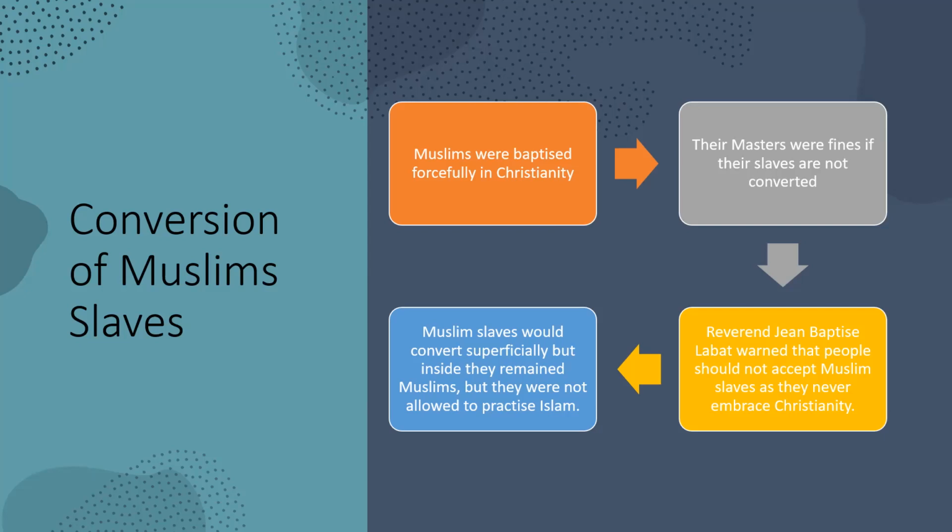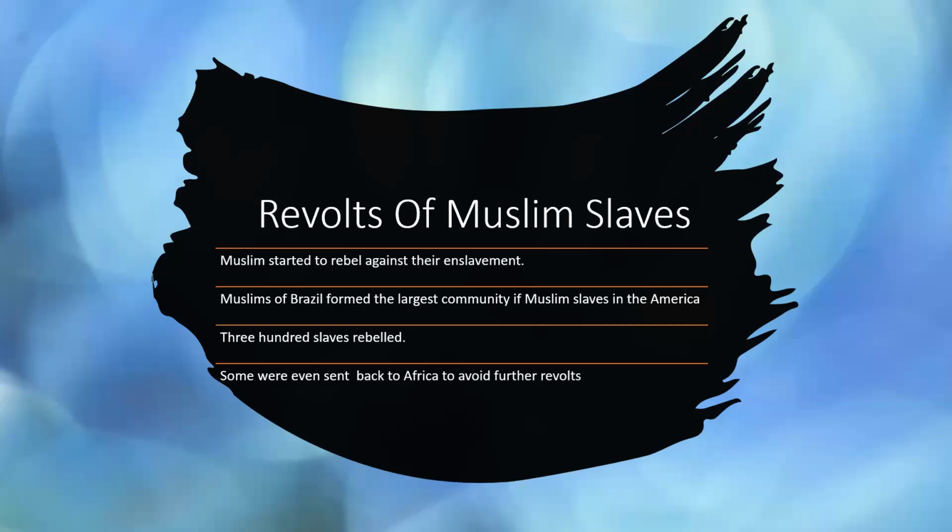So if we go to the next slide, revolts of Muslim slaves. Muslims started to rebel against their enslavement. The Muslims of Brazil formed the largest community of Muslim slaves in America. A revolt was organized by a group of scholars. Notes written in Arabic were passed among the slaves, indicating they were planning how to rebel.